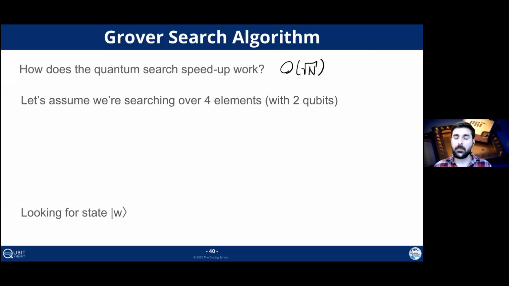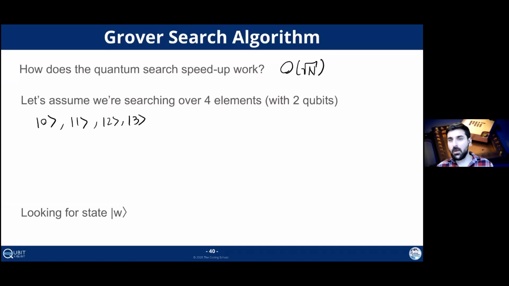So before we talk about the general case with large n elements, let's look at the case where we're searching over 4 elements. In this case, I can represent them with 2 qubits. But even before then, I can call the elements 0, 1, 2, and 3.